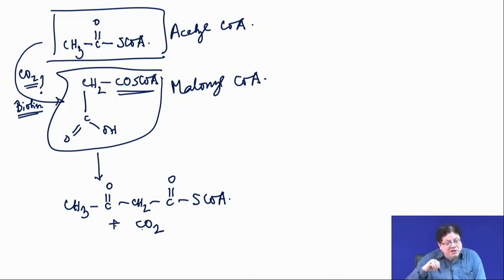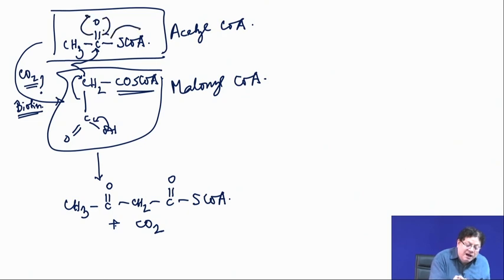So, what is the reaction here? That means this goes here first, that forms an anion here, and that anion reacts with this carbonyl, that goes here, comes back, and this goes out. So, what it makes? CH3CO, CH2, CO, SCoA.